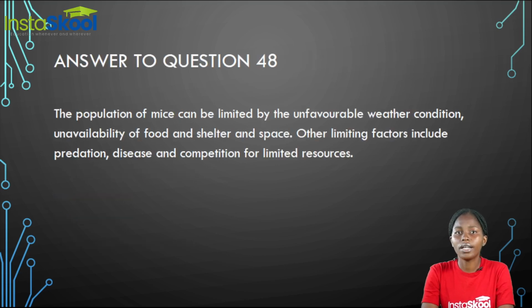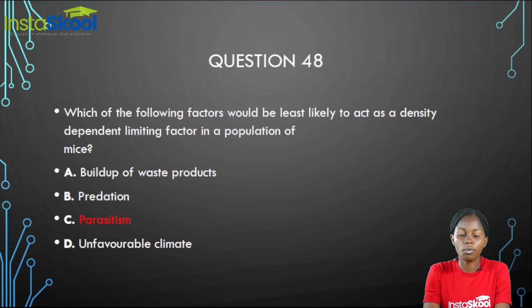Now, when we talk about limiting factors, in this case, in a population of mice, we're referring to those things that can lead to a decrease in the population of mice, such as unfavorable environmental conditions, unavailability of food and water, and shelter and space. Other limiting factors can also be predation, diseases, and competition for the limited resources.